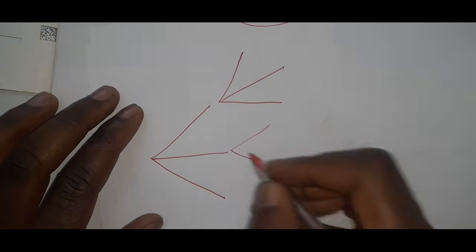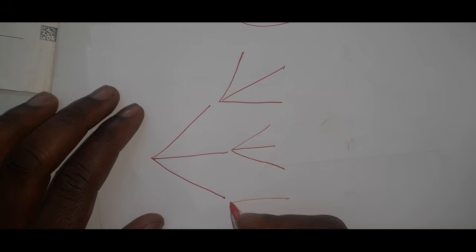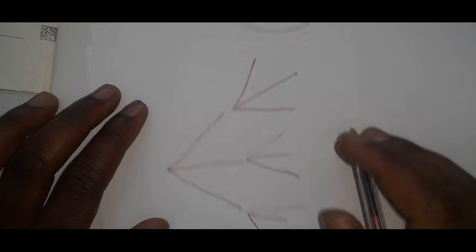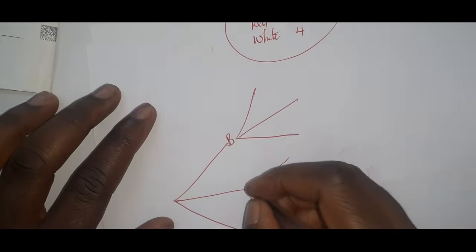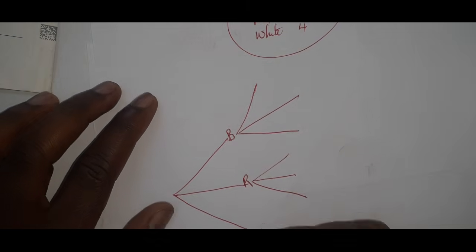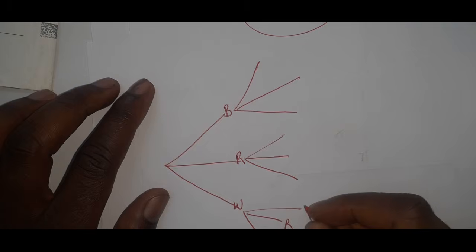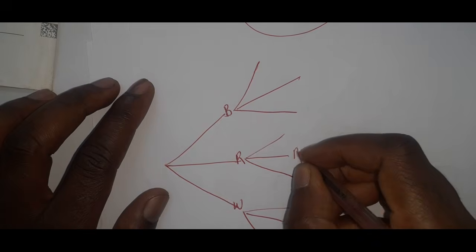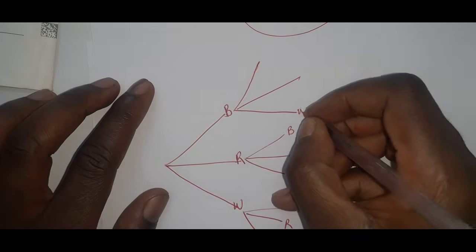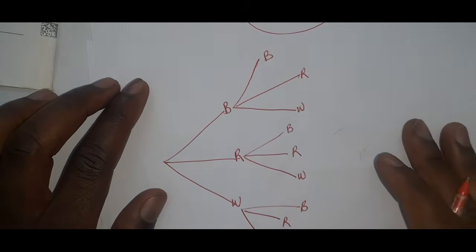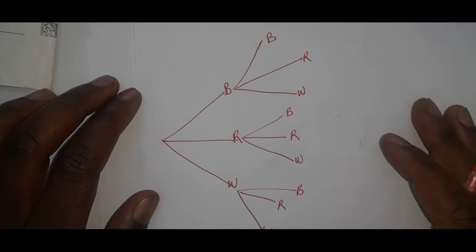Even here, we do the same thing, like this. So we have black, red, and white, white, red, and black, white, red, and black. Okay, so take note of this.